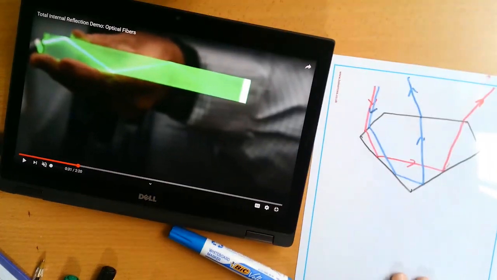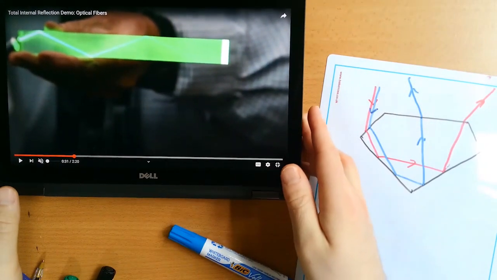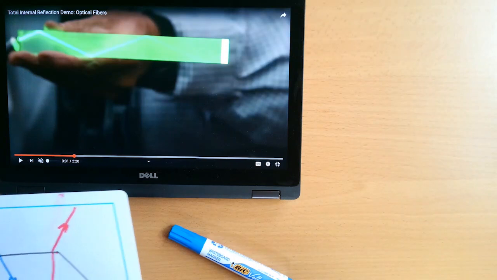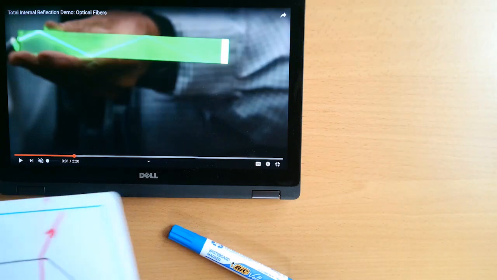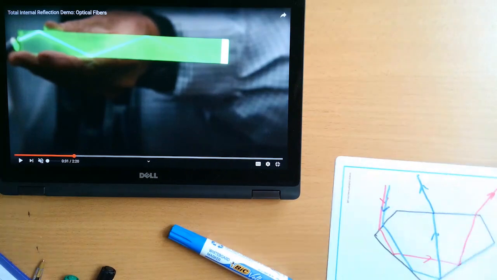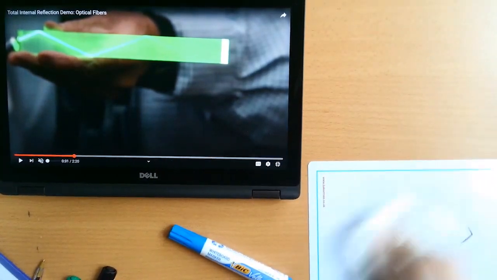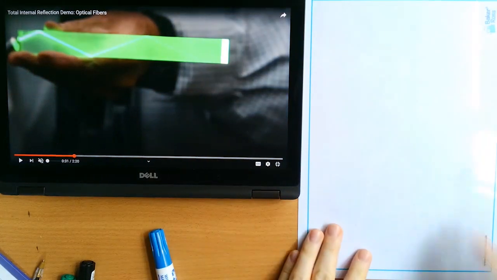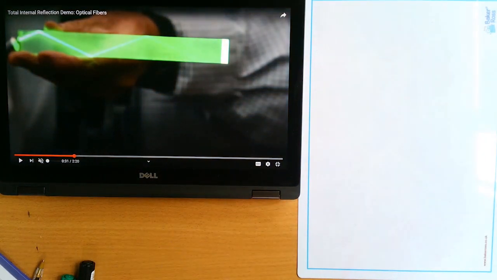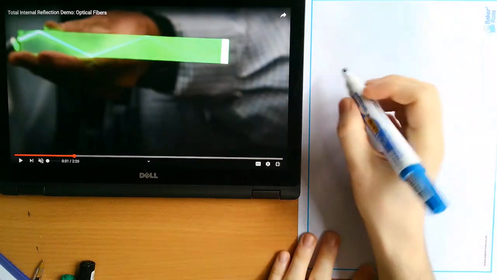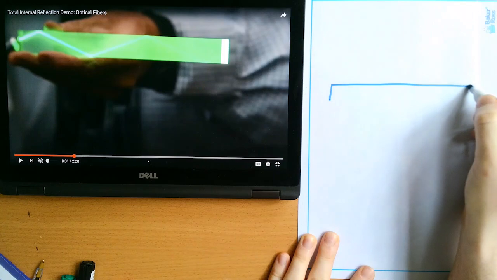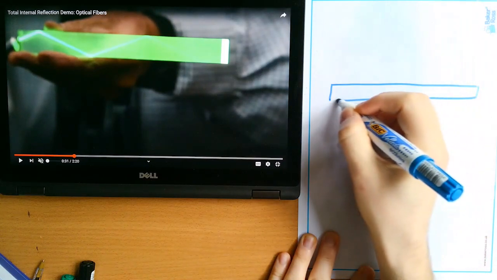Now what I'm going to do is remove that. We're going to start with this, and what I'm going to do is just show what a fibre is constructed of. Now, as he's got there, that is what we would call the core.